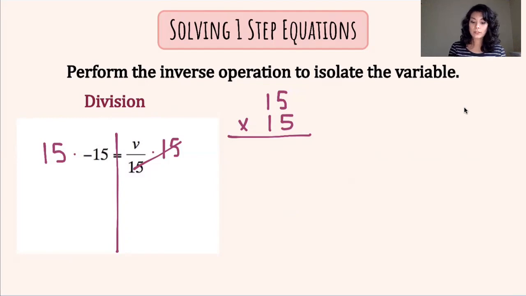And the way that you multiply the old-fashioned way is you start at the bottom right, and you multiply this bottom right number with each number at the top, right to left. So I'm going to start with the 5 and multiply it with the 5 on top. I get 25, but I have to carry the 2 because I'm not done multiplying.